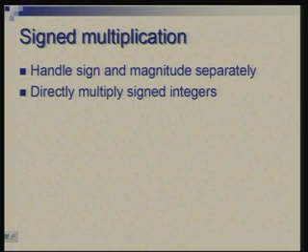The second approach is to directly multiply signed integers. Unlike addition and subtraction, where 2's complement representation made it possible to treat signed and unsigned addition and subtraction identically except for overflow detection, where the process was oblivious of whether there is a sign or not, for multiplication that does not exist.